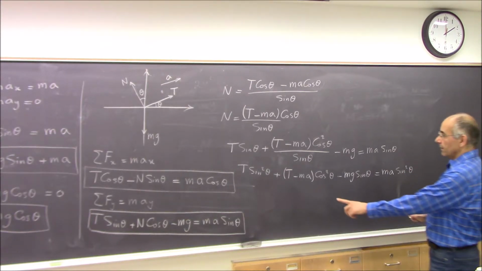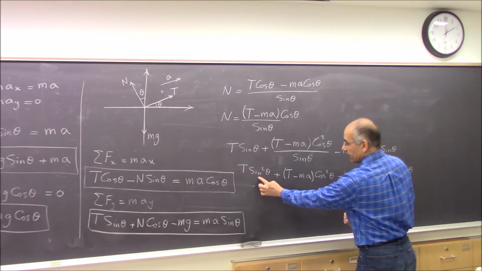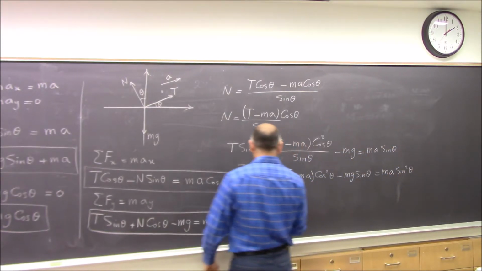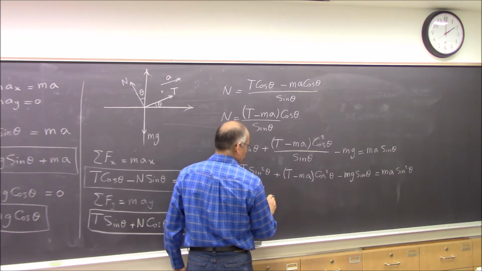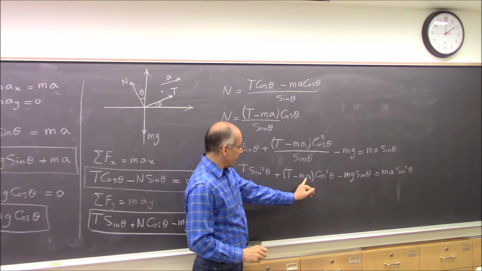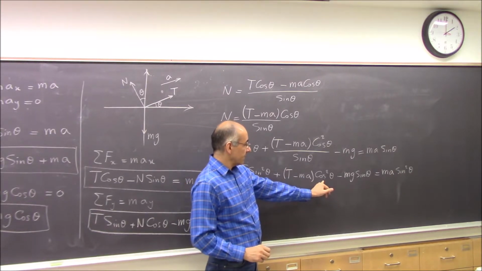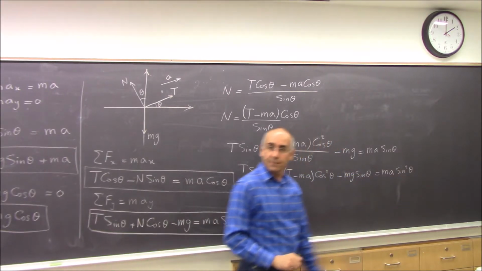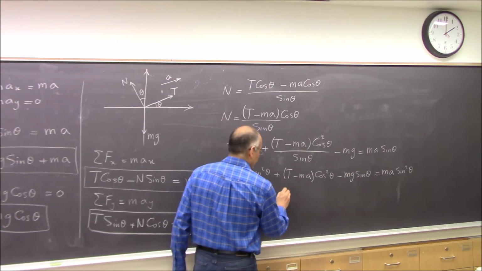And now, what do I have for T? So T sine squared plus T cosine squared. That's just T, right? T equal to, I move everything to the other side. And then you have ma cosine squared comes here becomes positive, and then you have ma sine squared, right? You get ma.